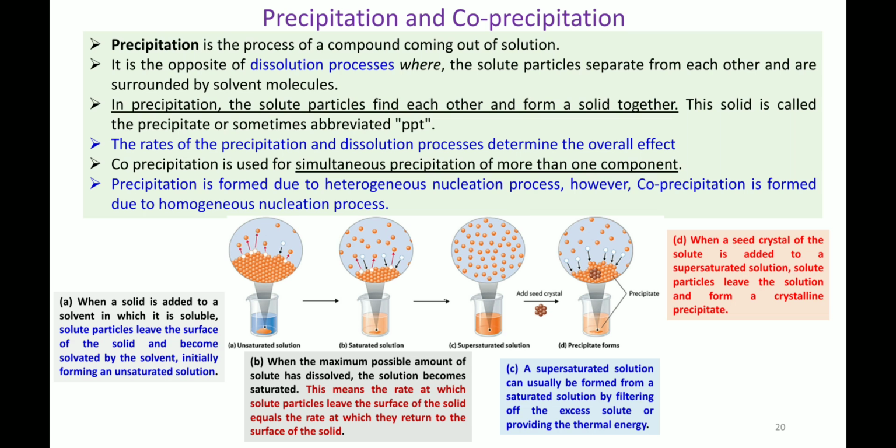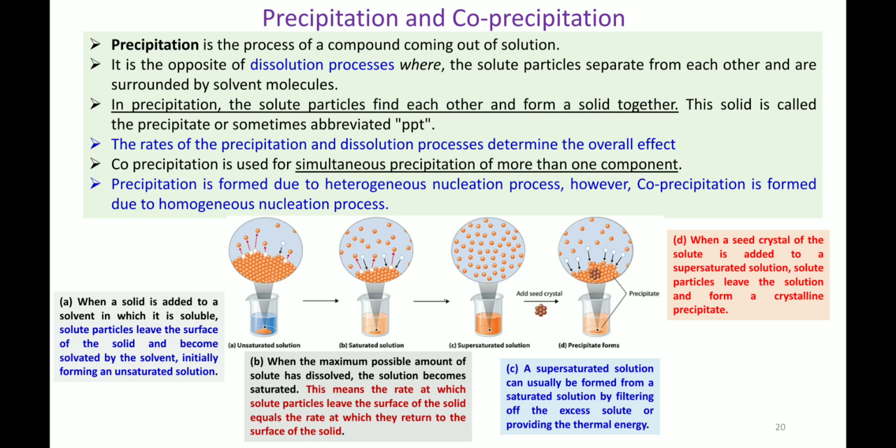Dissolution is known to all of you. So what happens in dissolution? The solute particles separate from each other and are surrounded by solvent molecules. This is the dissolution process.